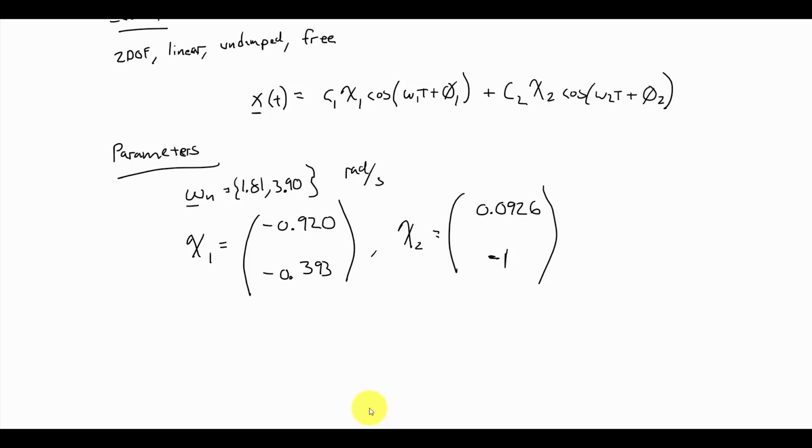I want to point out the first natural frequency, 1.81, is associated with chi1. The second natural frequency, 3.9, is associated with chi2, and that's important for when we construct our solution at the end. Chi1 and omega 1 have to be together, and chi2 and omega 2 have to be together.